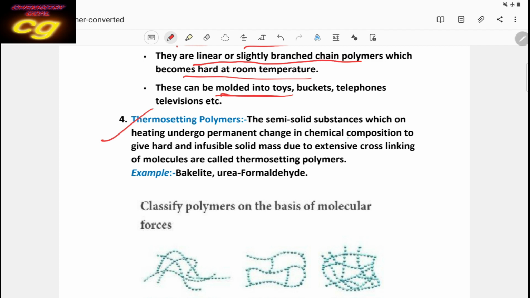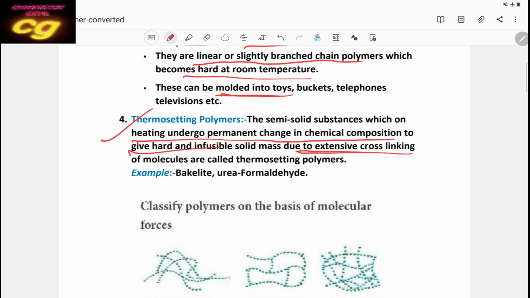These are semi-solid substances which, on heating, undergo a permanent change in chemical composition and become hard and infusible. They cannot be molten again or converted to liquid on further heating. They become so hard in the solid state, and they are mainly cross-linked.